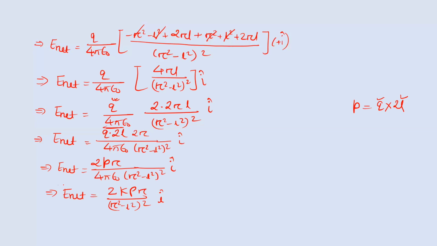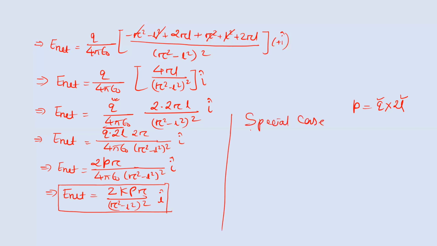So this is the electric field intensity for the axial line. Now, if you are having a very short dipole, this is a special case, that is for short dipole. For short dipole, if the length of the dipole is very short, that means when L is very, very less than R, in that case L is approximately 0.